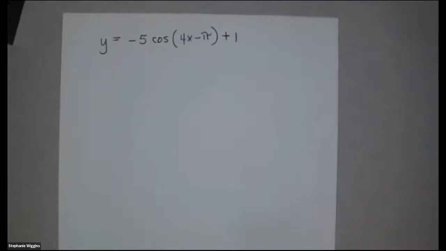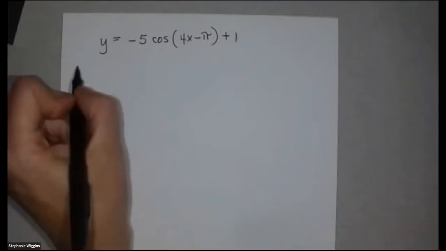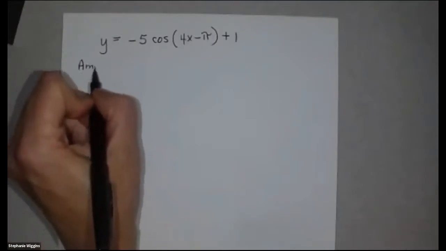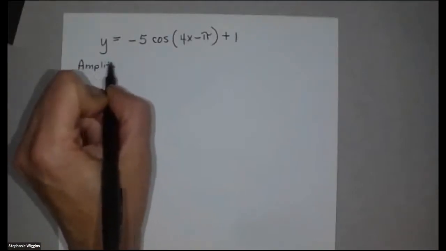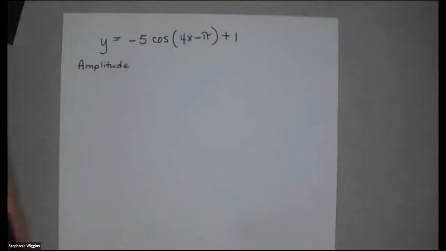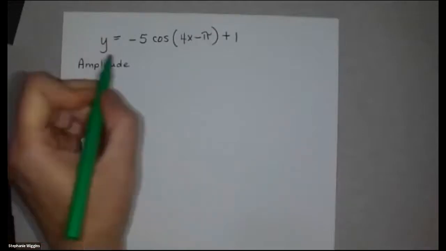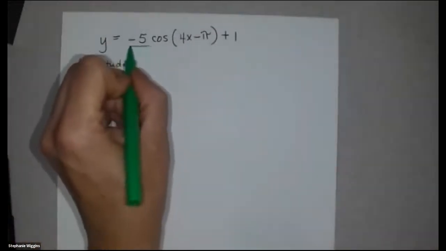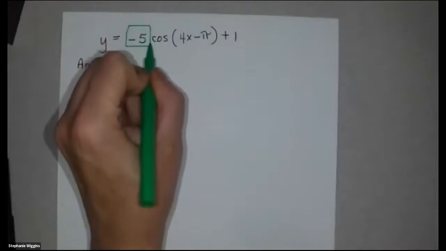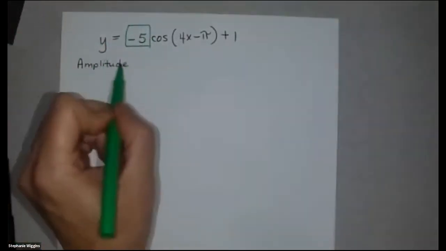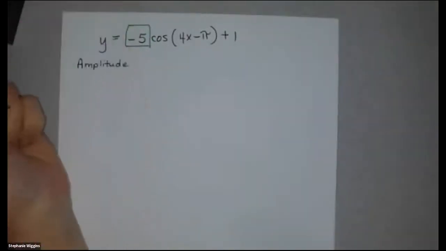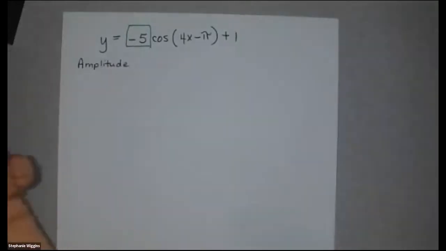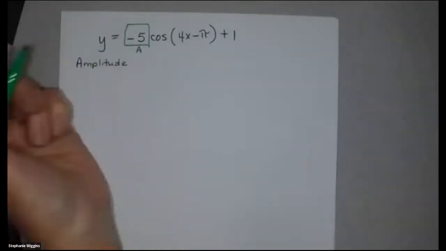So we need to describe what's going on here for this graph. So the amplitude, and I think I'd like to use some different colors here to highlight this. So the amplitude is minus, well, actually, this is our A value, okay?